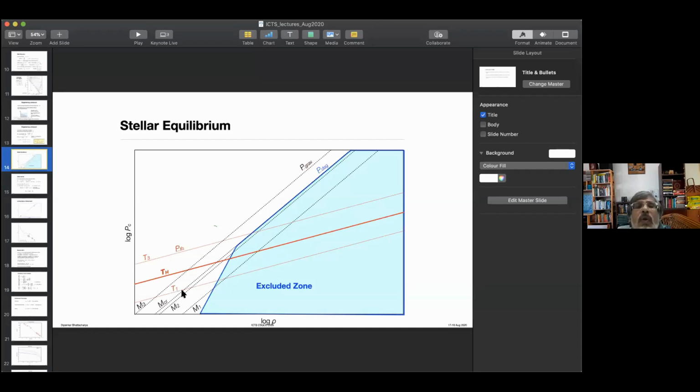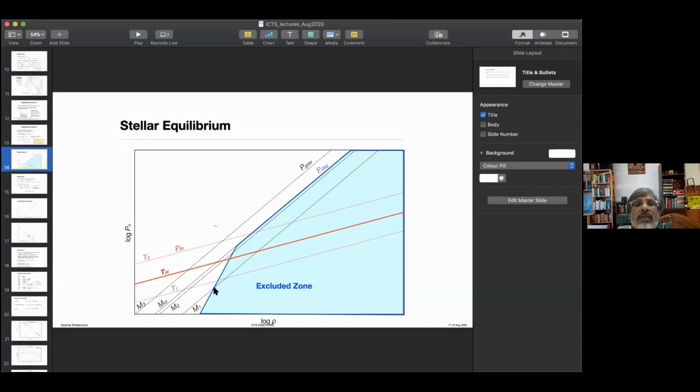The reason why the star was continuing to move along these black lines while being supported by thermal pressure is that the thermal pressure is given by the thermal energy content, and the thermal energy content is leaking out. So a new equilibrium is formed as more and more thermal energy is leaked out.